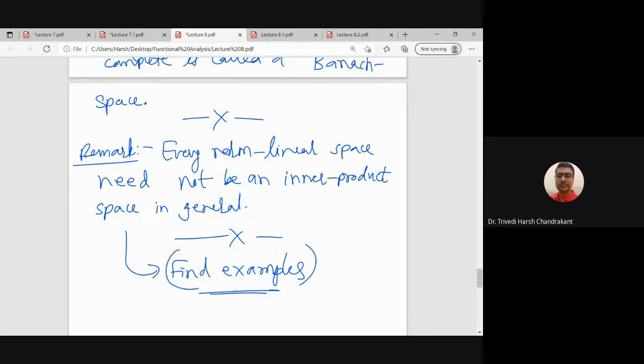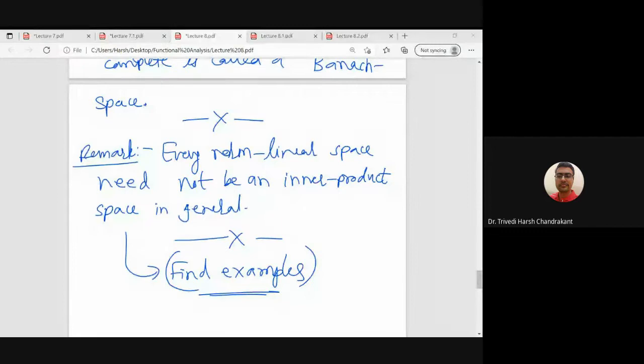So basically, if you remember the inner product space, what is the use of an inner product space?